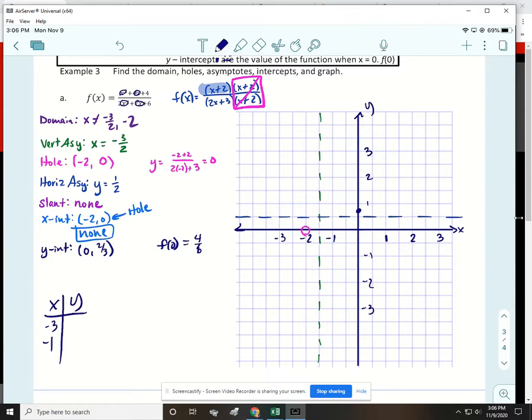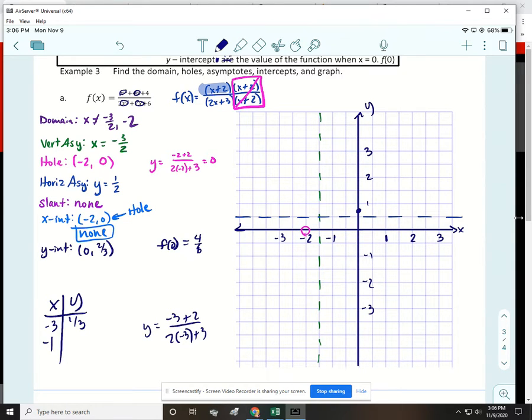All right, and it's okay when we plug them in if we plug them into the reduced version. So I could do like I did for the hole. So -3 plus 2 over 2 times -3 plus 3. So I'm going to get -1 over -3 or 1/3.